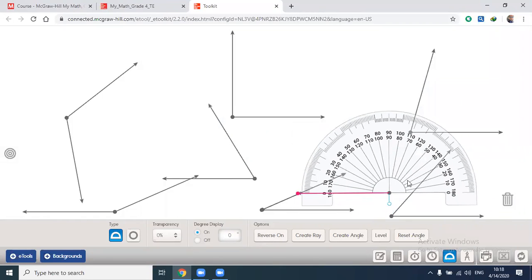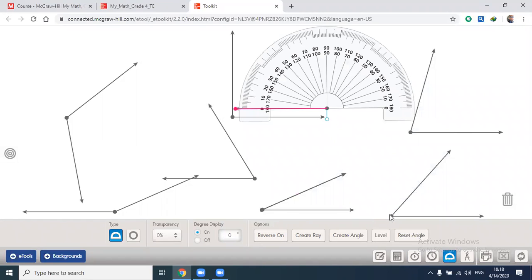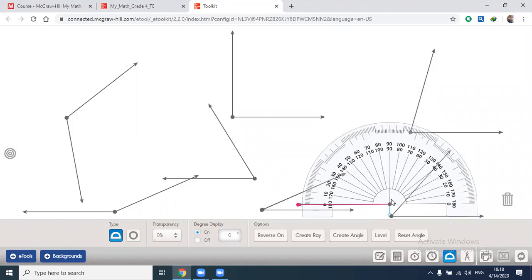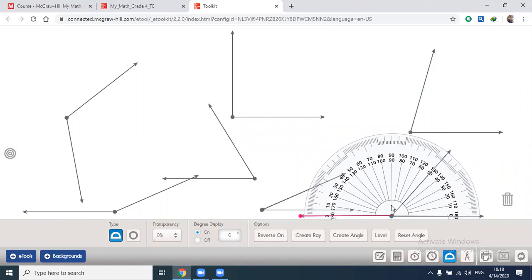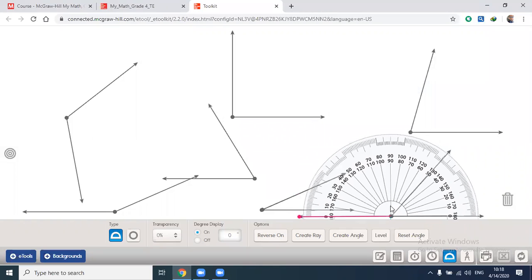Pay attention now. Just use the protractor, place the center of the protractor on the vertex of the angle with zero, and then count from zero, from one of its sides to reach the other side.